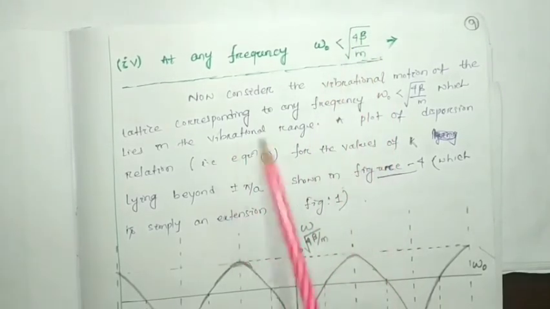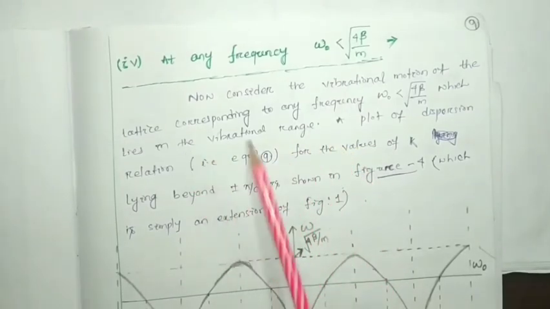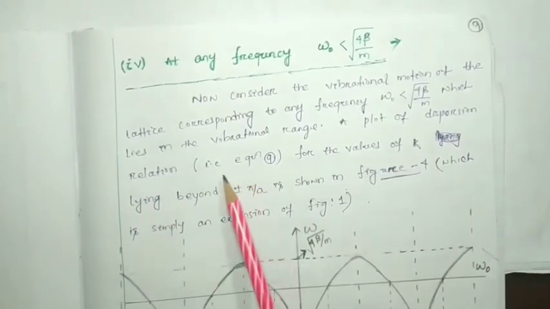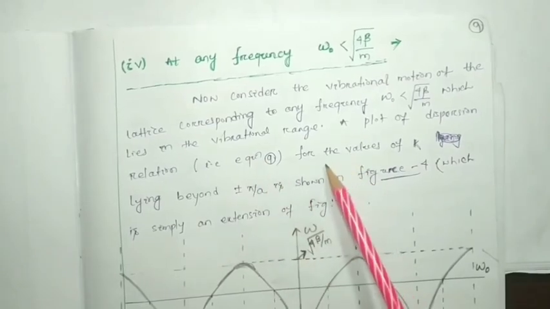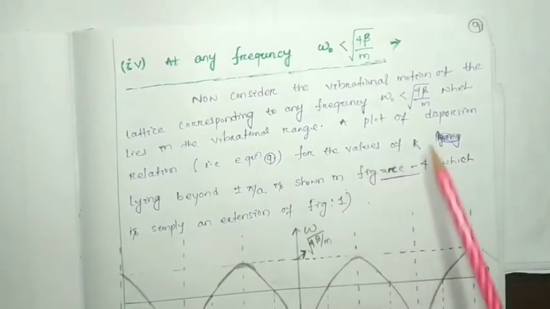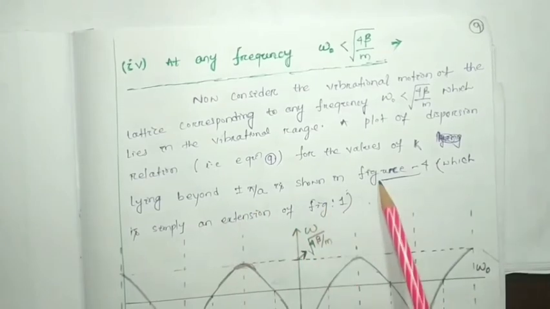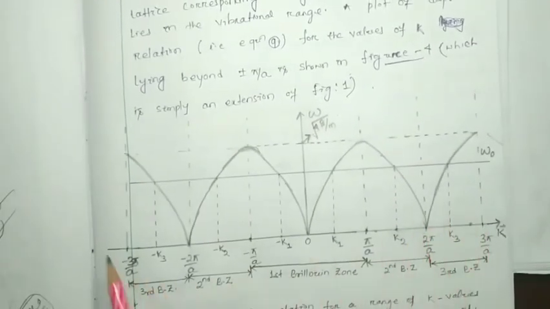So if we consider a frequency which lies in the vibrational range, a plot of the dispersion relation, equation number 9, for values of k lying beyond plus or minus pi by a is shown in figure 4. So this is the dispersion relation graph, whatever we have in the first figure.